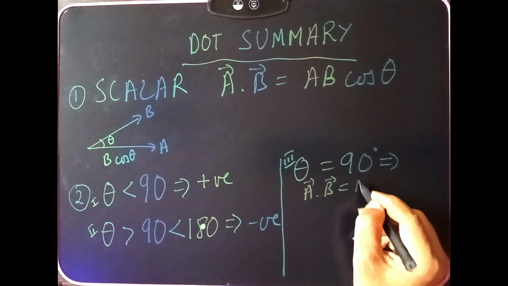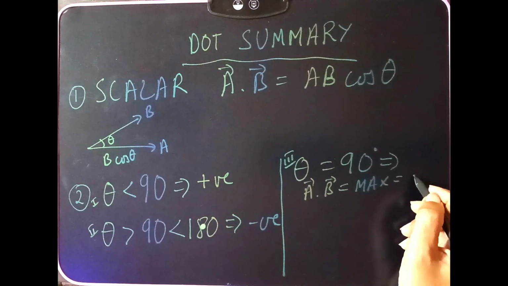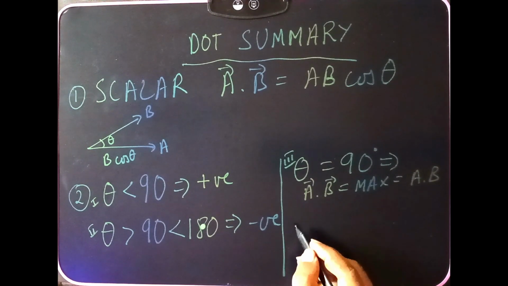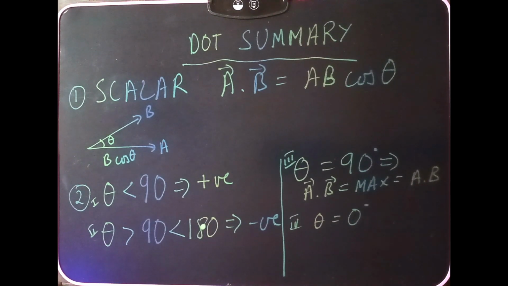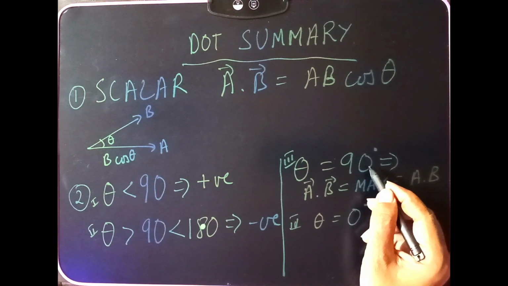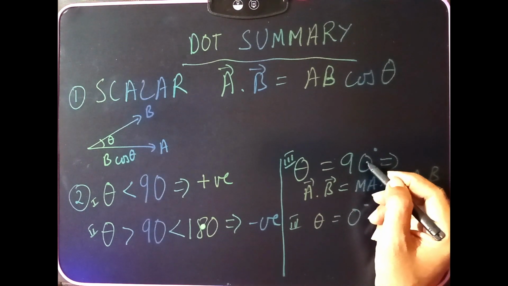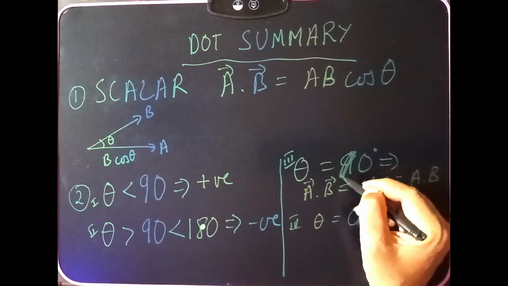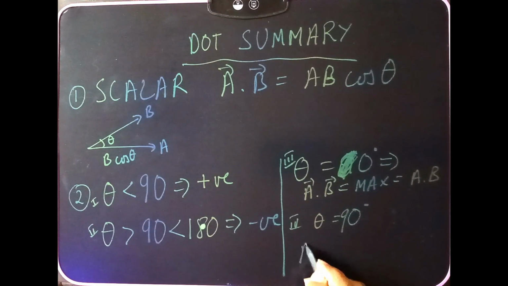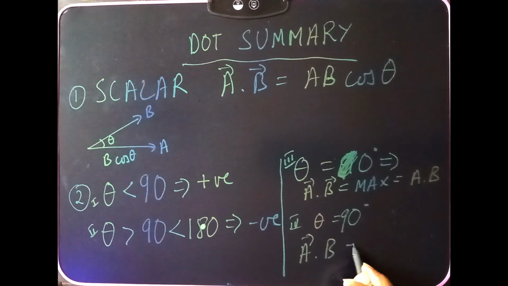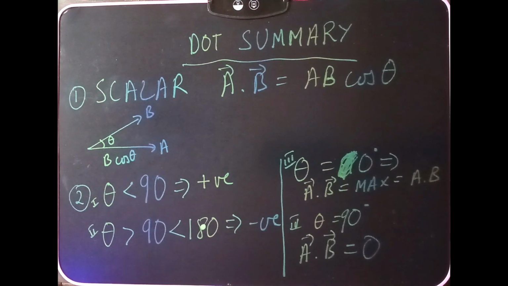It will become equal to AB, right? Sorry, this was 90 degrees, that is actually 0. Cos of 0 is 1, right? This is 0 degrees and this is 90 degrees. So A dot B will become 0 here, because cos of 90 is 0. So this was the summary for dot product.